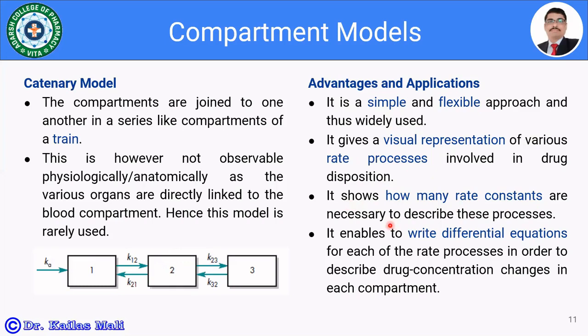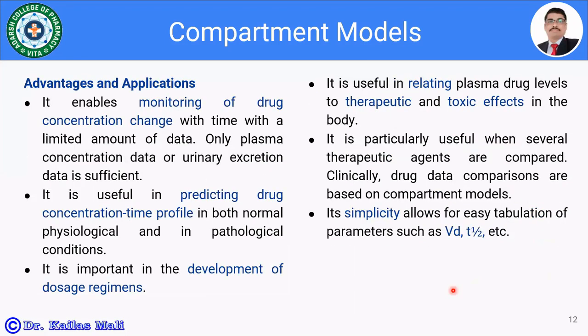It shows how many rate constants are necessary to describe these processes depending on the number of compartments. It enables us to write differential equations for each of the rate processes in order to describe drug concentration changes in each compartment. Already we have discussed zero order and first order, and depending on the order of the process, it is possible to write the various equations for the specific rate process.